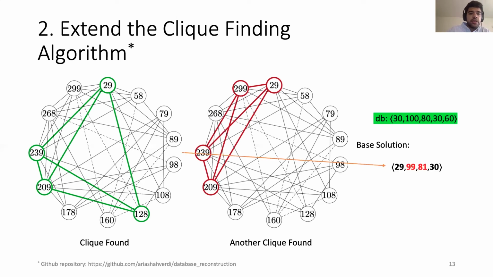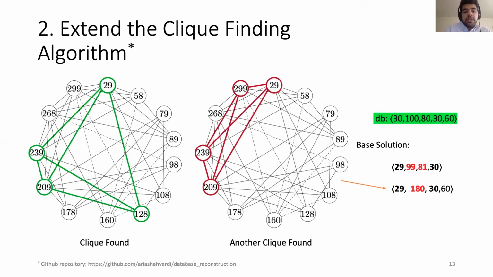From the first clique, we recover a database equal to 29, 99, 81, and 30. We call it the base solution, and we are trying to extend this base solution to recover the actual database. From the second clique, we recover the database of 29, 180, 30, and 60.